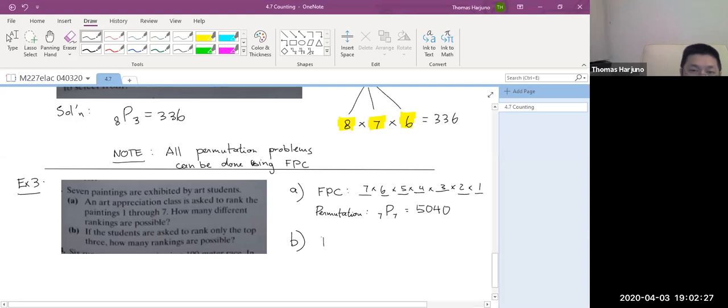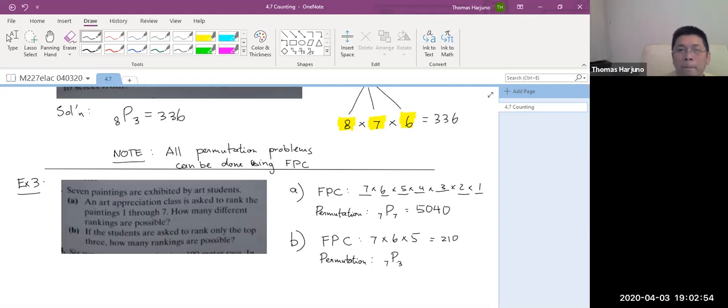According to the fundamental principle of counting, this is 7 times 6 times 5 only, right? Which I compute, that's 210. However, if I use permutation, this is 7 permute 3, which, if you use your calculator, should come up the same.